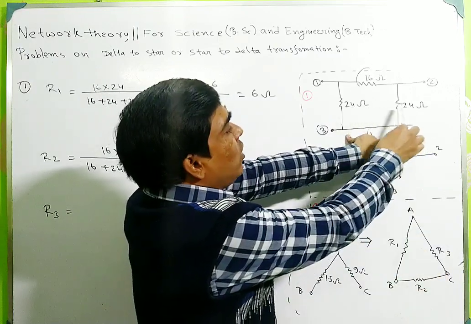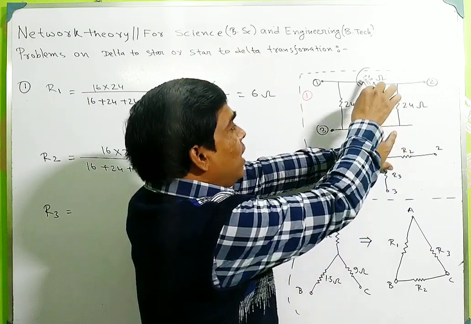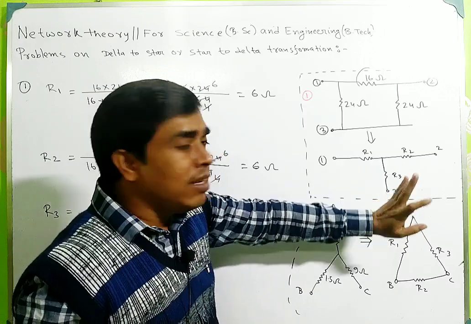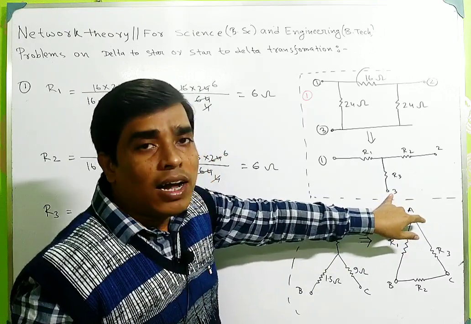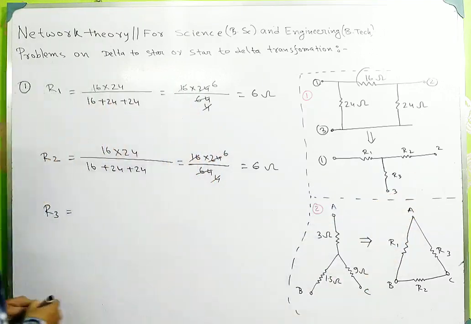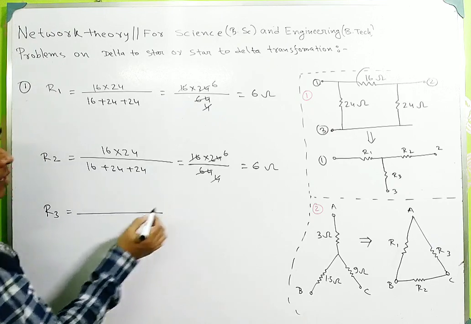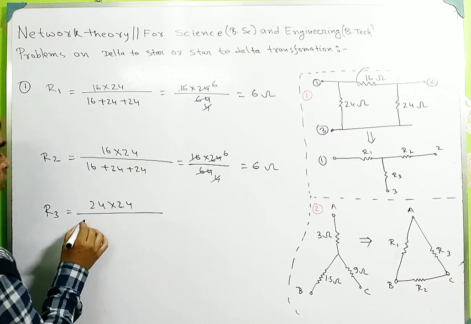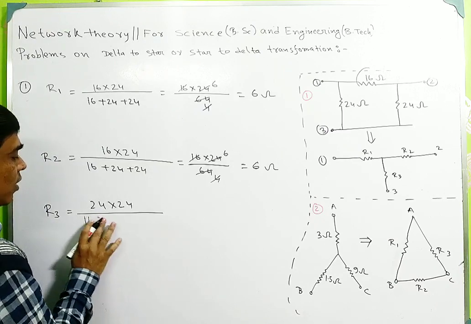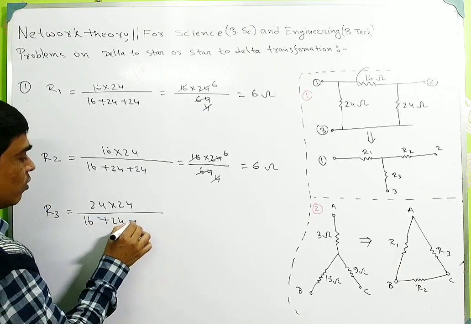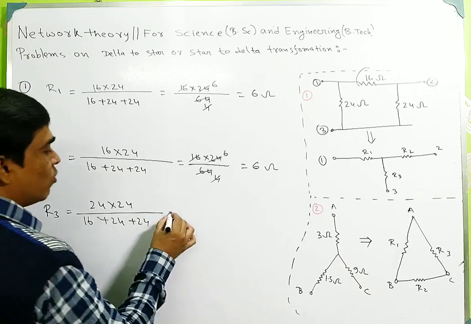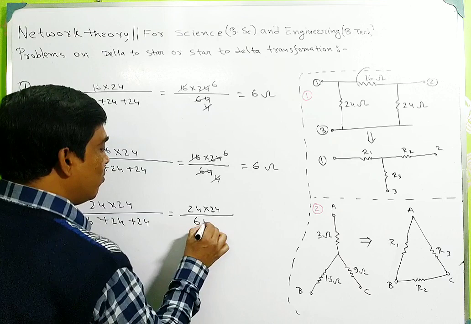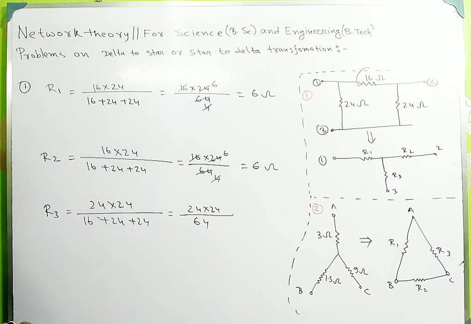So 24 into 24 divided by the summation of these three resistances, because R3 is the node 3 resistance. So it is 24 multiplied by 24 divided by the summation of 16 plus 24 plus 24, which is 64.